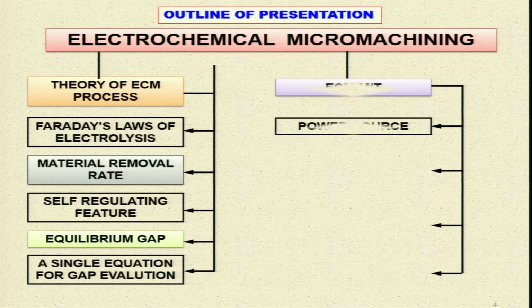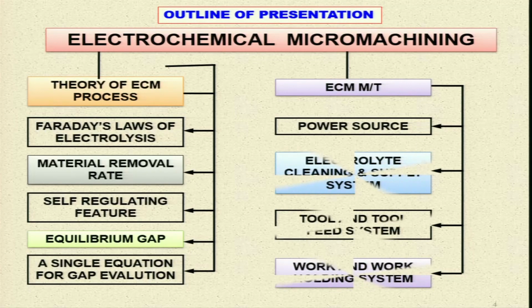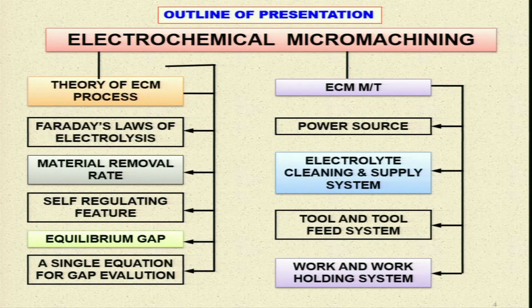And then we are going to discuss the electrochemical machining and electrochemical micromachining machine tool, power source, electrolyte cleaning and supply system, tool and tool feed system, and work and work holding system. These are the things that we are going to discuss in this particular presentation.